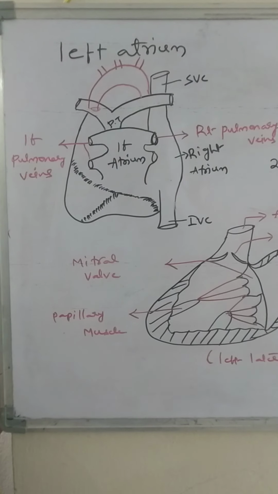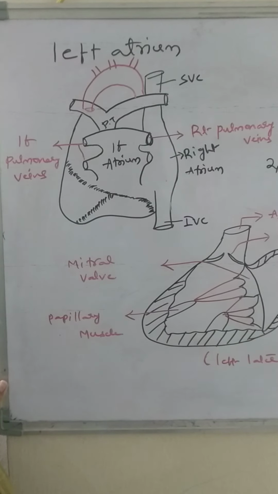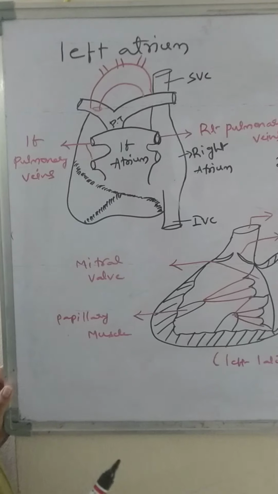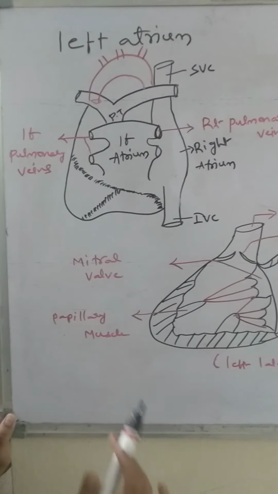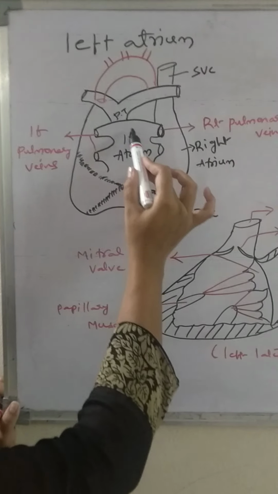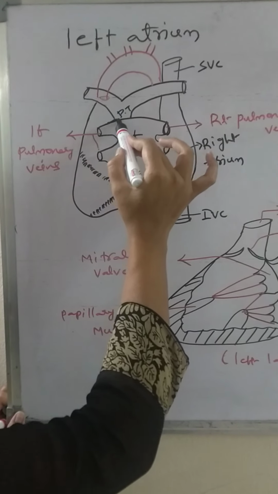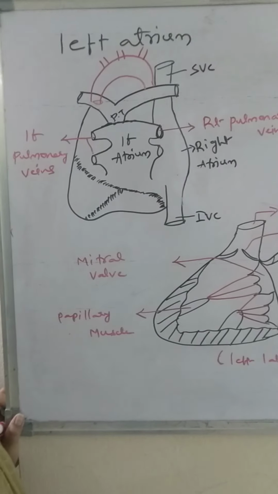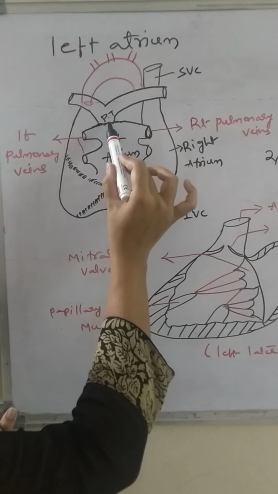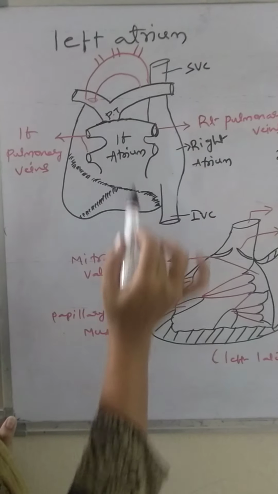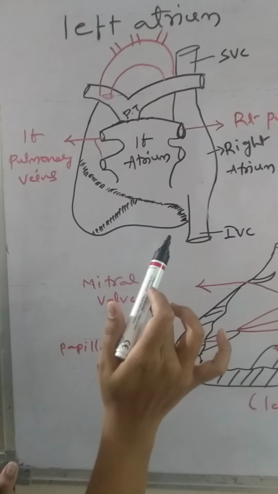Next, coming to the external features of the left atrium. We already discussed the right atrium, where the external feature is the right auricle. Like that, here from the anterior superior aspect of the left atrium there is a muscular, conical shaped projection towards the pulmonary trunk, which overlaps the infundibulum of the right ventricle.